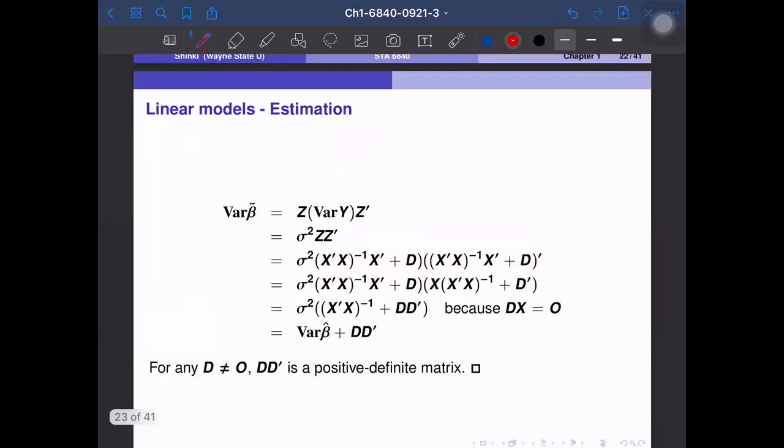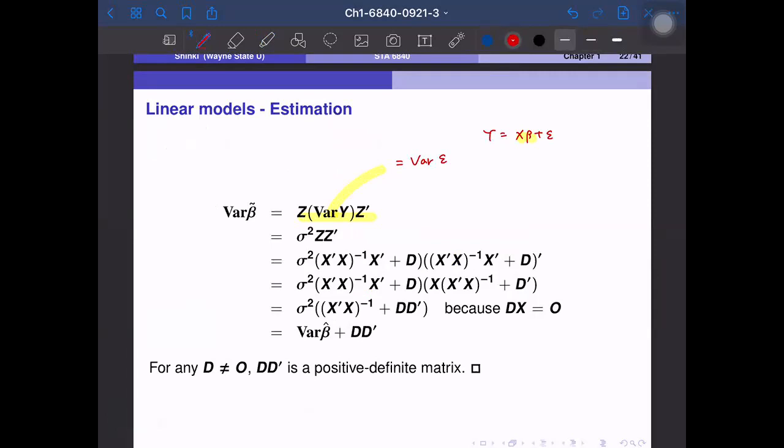So next we derive the variance of beta tilde. So beta tilde is Zy. So variance of Zy is in general Z times variance of y times Z prime. And here variance of y is equal to variance of epsilon, because y is equal to X beta plus epsilon, and X beta is not random. A non-random term doesn't matter for variance.